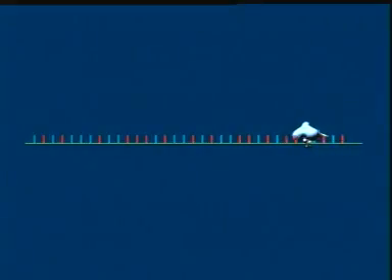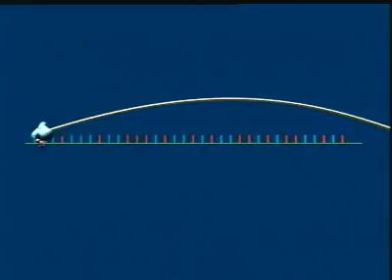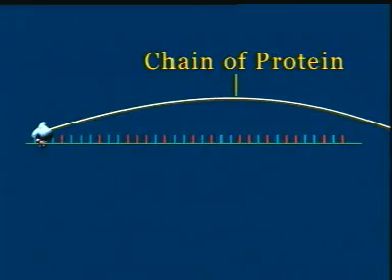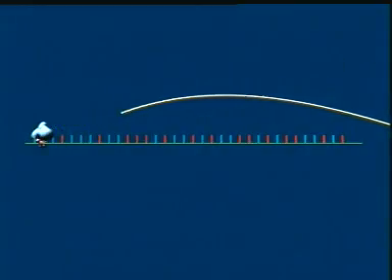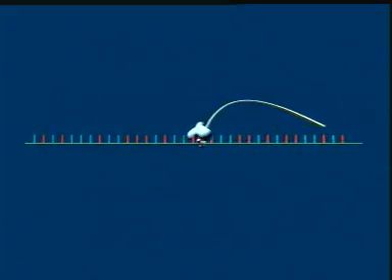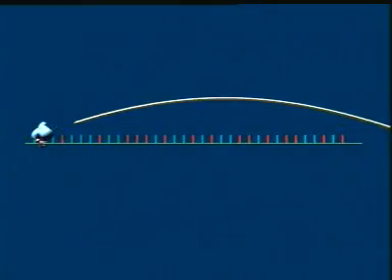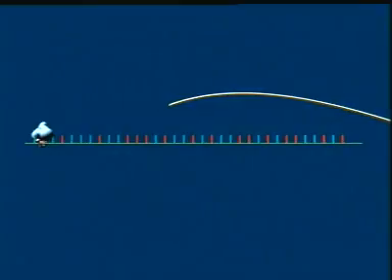As the ribosome moves along the messenger RNA, it selects different amino acids from that soup and joins them into a chain of protein. The code of bases on the messenger RNA tells the ribosome which amino acid to select at each stage. And so, as the ribosome moves along, a chain of amino acids, in other words a strand of protein, is extruded into the cytosol.